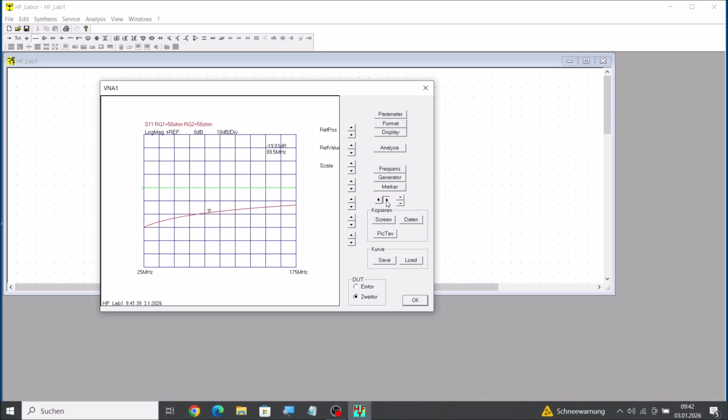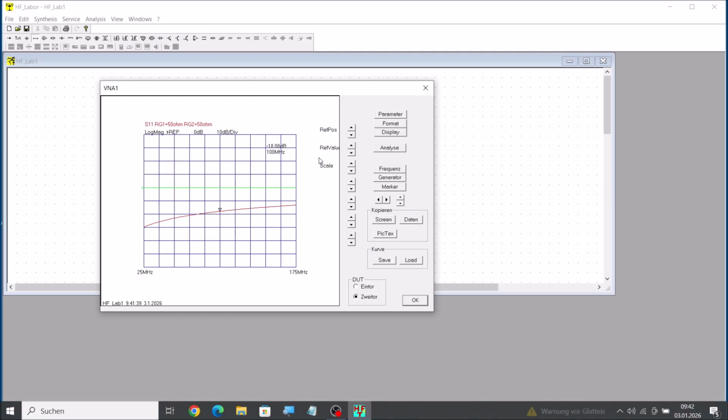With the help of the marker function, we find that at 100 megahertz we have an S11 absolute value of minus 18.08 dB. And you can, of course, check by yourself if this corresponds to the linear value we already got in the example.